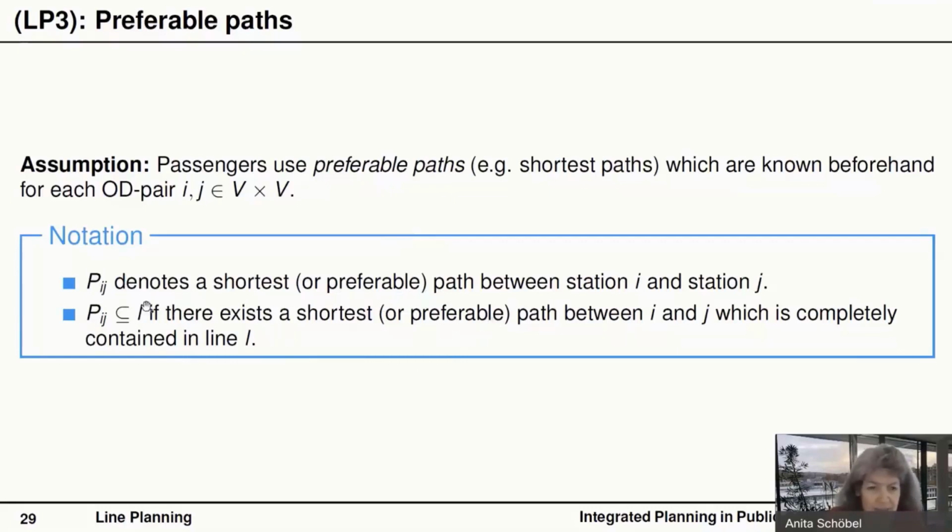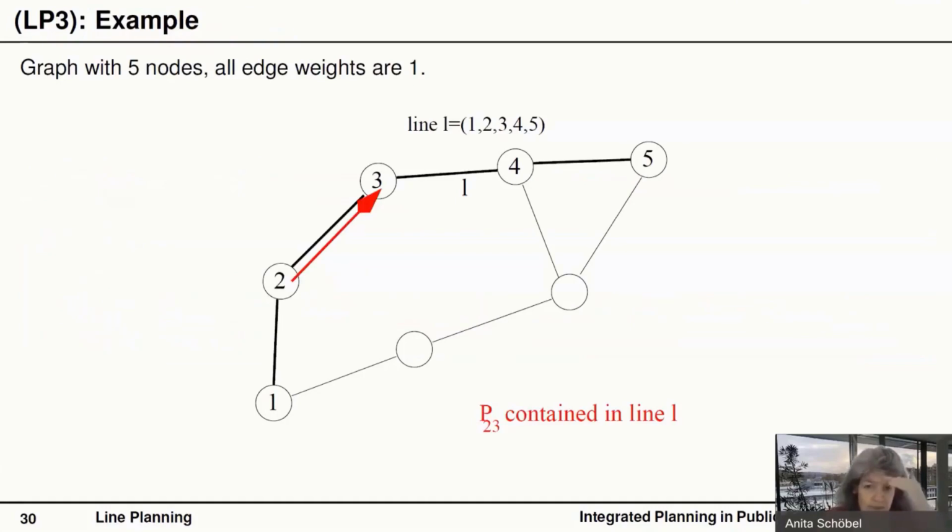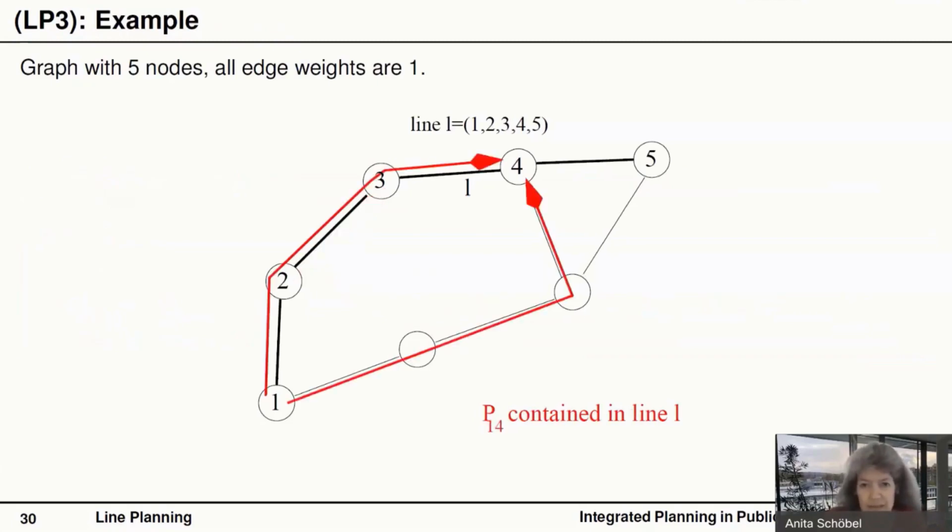And we can, for every line in our line pool, determine if such a preferable path is included in the line or not. So for example, if we have this black line from 1 to 5, we see that for this path from 2 to 3, maybe some passengers would like to travel from 2 to 3, that is definitely a preferable path for them, and it is contained in the line.